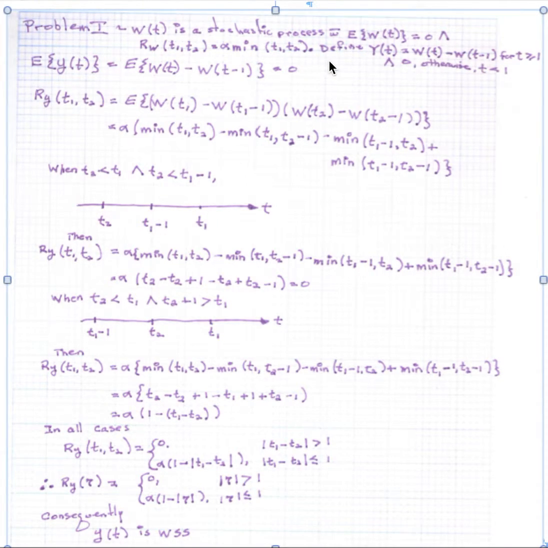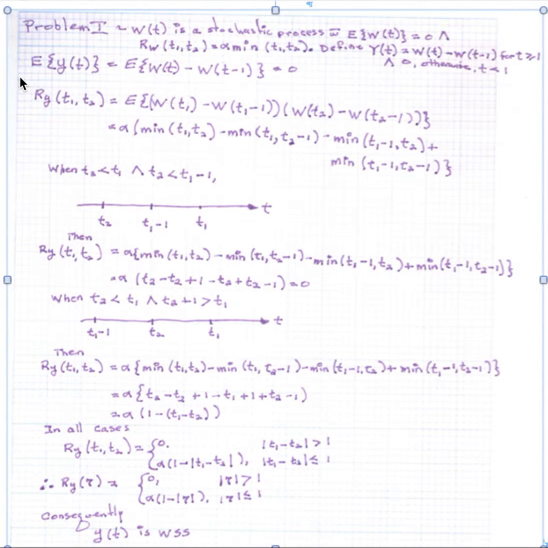We define Y(t), probably another stochastic process, yes, as equal to W(t) minus W(t minus 1) for values of t greater than or equal to 0, and 0 otherwise where t is less than 1.